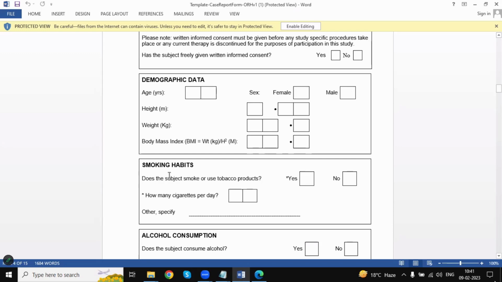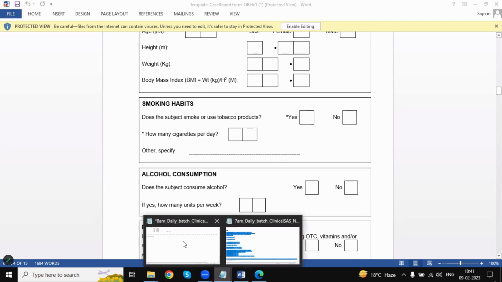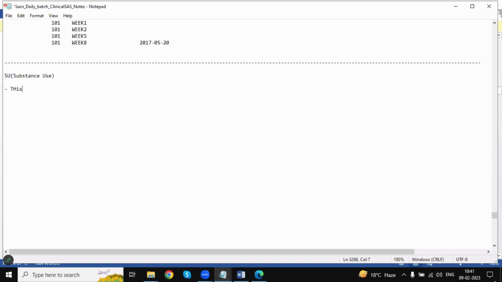So this habitual information, smoking habits, alcohol habits, will be captured in the substance use domain.